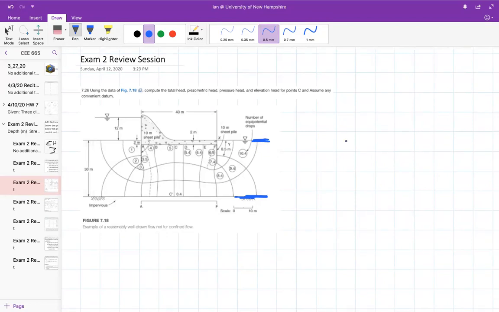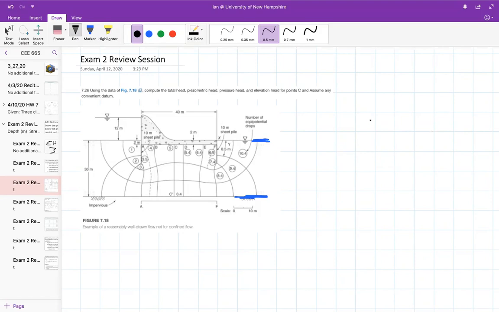So I'm going to, and like Dr. Benoit said, this is more typical to assume it here. But in my mind, when I do this, it's like, well, this doesn't move. So I'm assuming that my datum is at the impervious boundary.